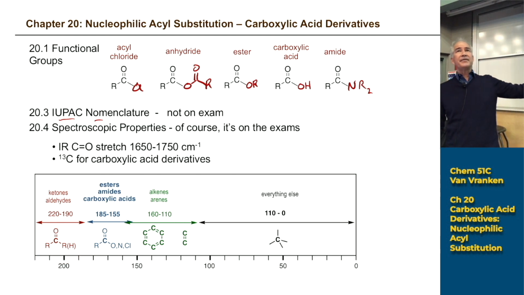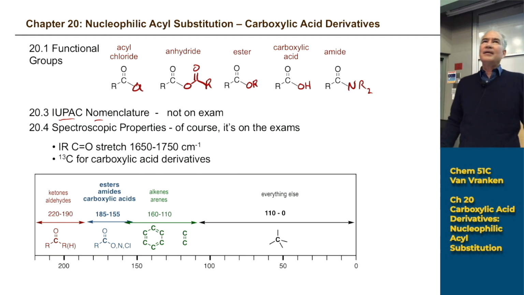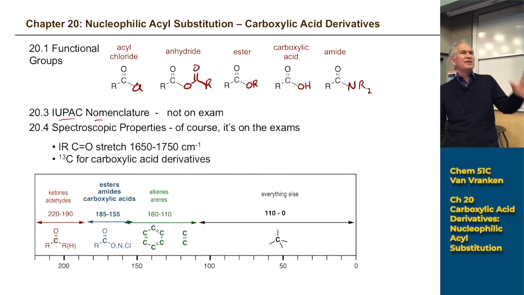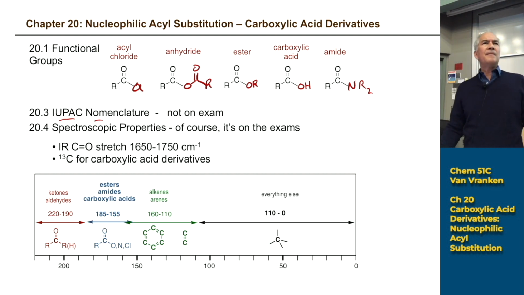You see a peak down there, that's a ketone or aldehyde. There's just nothing else that appears down there. Now, there's other carbonyls that have an extra oxygen or a nitrogen or a chlorine atom on there. Those are all going to appear in this region from about 155 to 185. 165 would be a typical C13 signal for an ester or an amide or an acid chloride, acyl chloride.